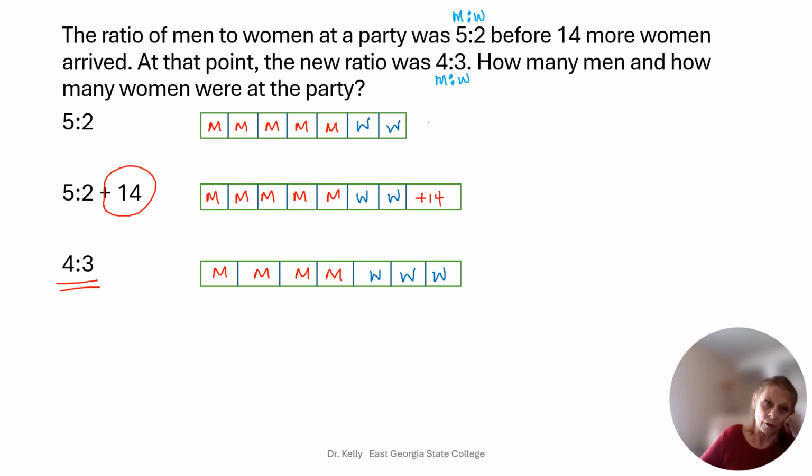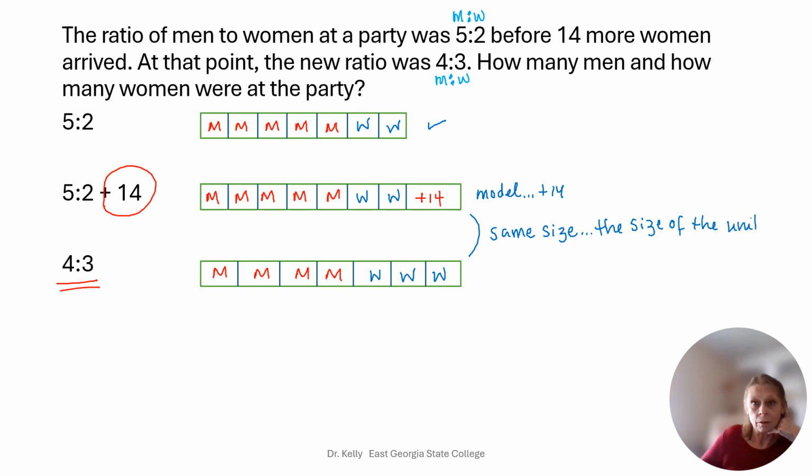It meant start off like this, model what happens here, model the plus 14. When you model the plus 14, these 2 must be the same size. And the size of the units change.